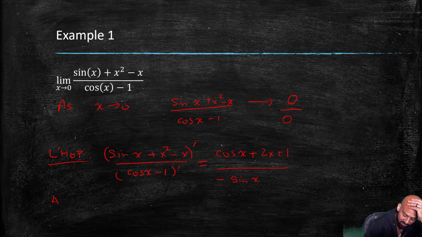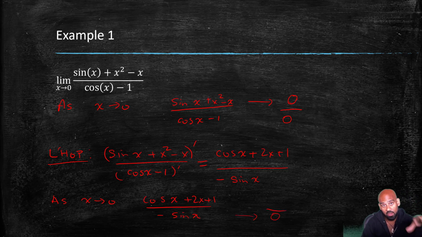So as x goes to 0, again, this is just me showing all the necessary work. What ends up happening? As we approach 0, we just said sine of 0 is 0. So the denominator is 0, but we're not done yet. Why are we not done yet? Because when we plug in 0, that doesn't guarantee us anything, because the numerator could be a number.